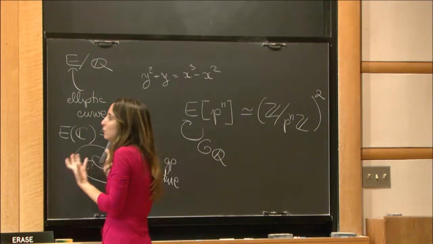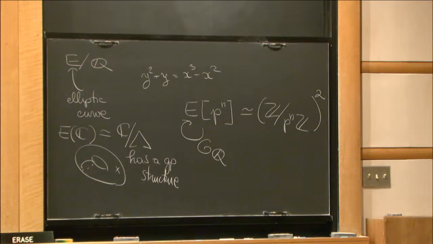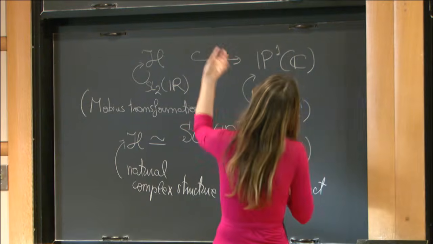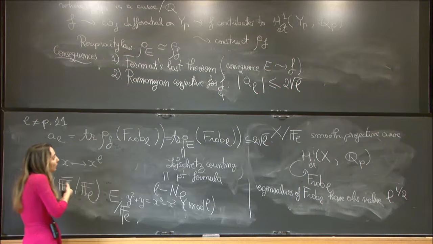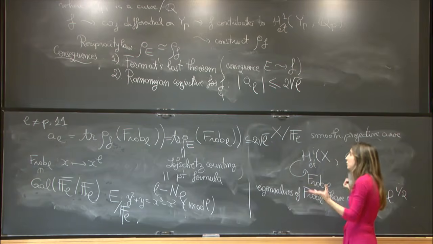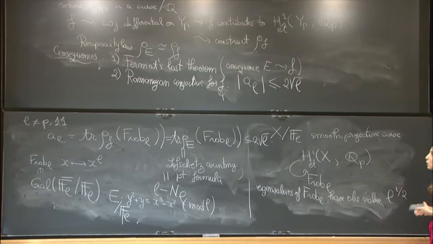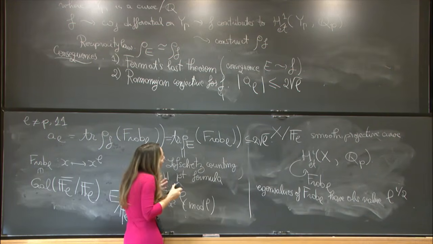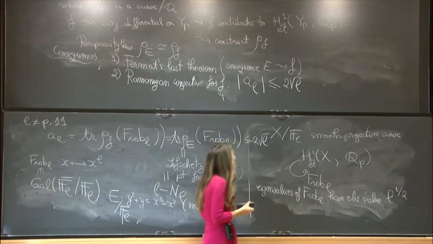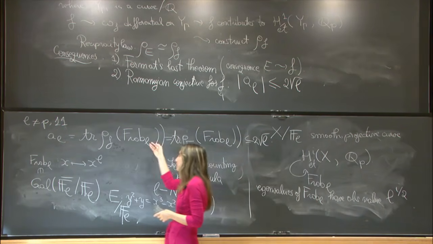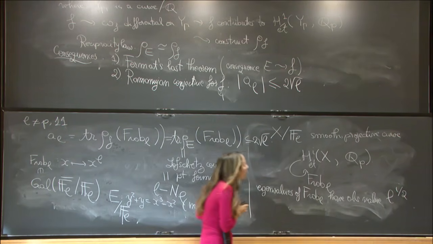And there are two things that you may want to generalize. One is understanding higher dimensional analogues of modular forms, and relating them to Galois representations. And another one is understanding a generalization of the Taylor-Wiles method, which is this method that uses congruences and that starts with a Galois representation, such as the one coming from the elliptic curve E, and tries to connect it to a modular form.